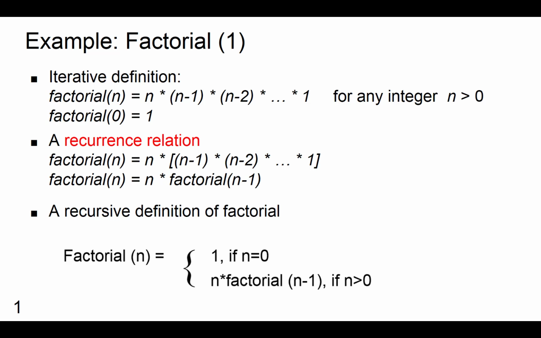So we can write a recursive definition of factorial as factorial n equals n times factorial n minus 1. And there will be a base case: if n equals 0, factorial 0 is 1. Then we get the following formula.